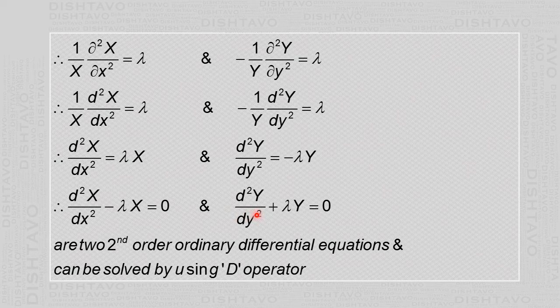So what we have done is, we started with one partial differential equation and we have arrived at two ordinary differential equations. These ordinary equations are second order differential equations, and they can be solved by using what is called the D operator.